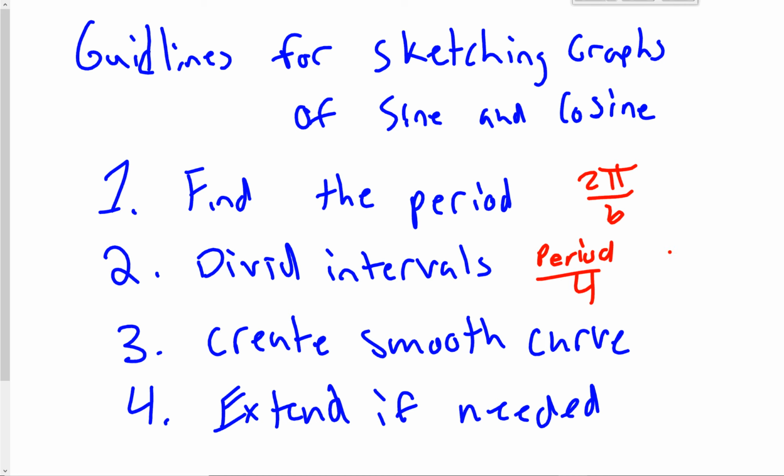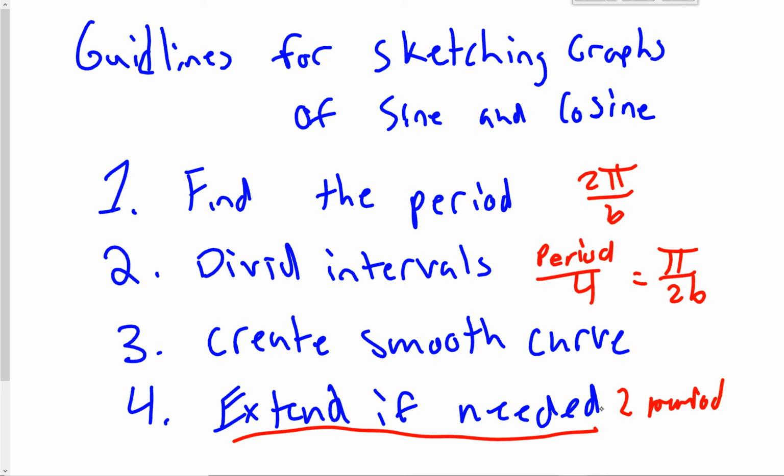Dividing by 4 can be simplified to 2 pi over 2b, because dividing by 4 is multiplying by a quarter, and the 2's and 4 cancel out. So you could do that, or just take your period and divide it by 4. Then create a smooth curve and extend it. Most of the time you have just 1 period length to graph. Sometimes it might be 2 or 3 periods, so just extend it when you need to.